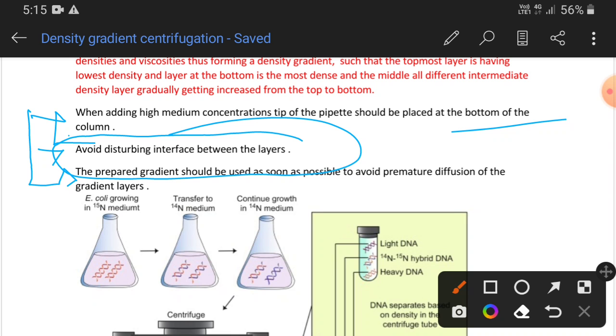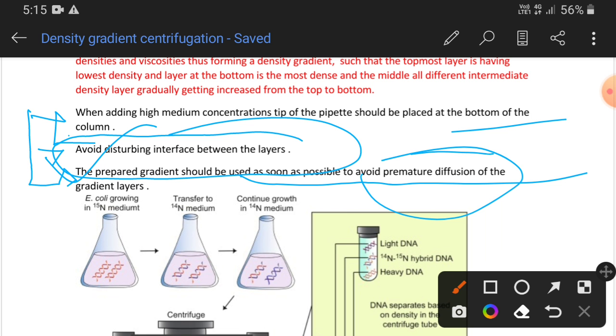Another important thing, the prepared gradient should be used as soon as possible to avoid premature diffusion of the gradient layers. That means after preparation of the column we have to use it then and there.